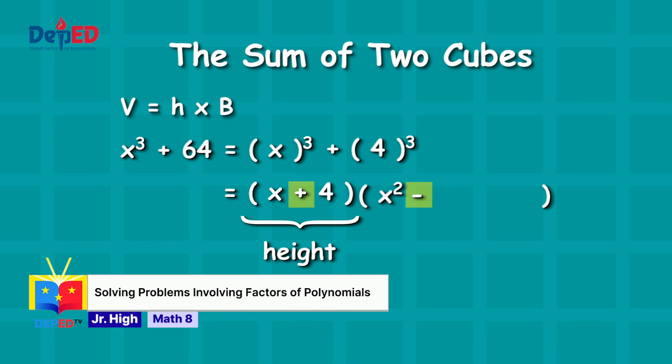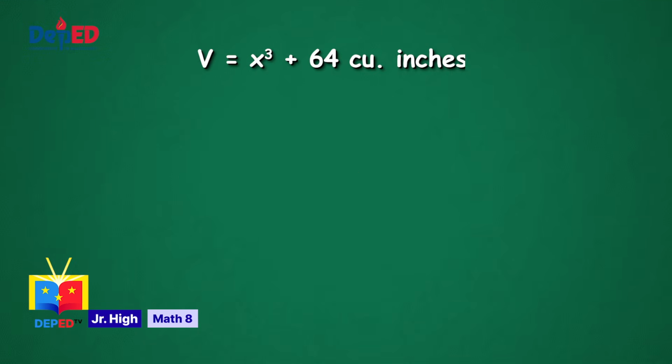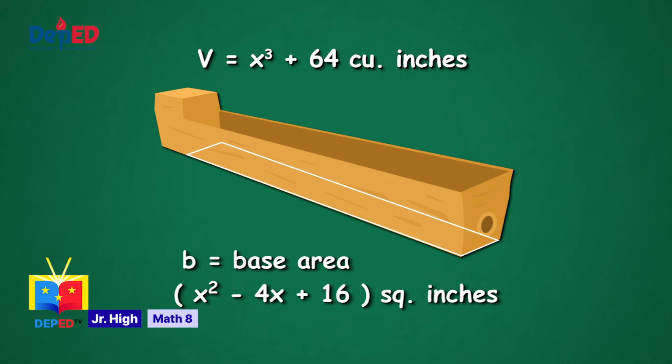Then multiply the terms x and 4. We will get 4x. The last sign is always positive or a plus. And the last term is the square of 4. 4 squared is 16. Now that we have factored x cubed plus 64, what is the base area of the trough? The trough has a base area of x squared minus 4x plus 16 square inches.